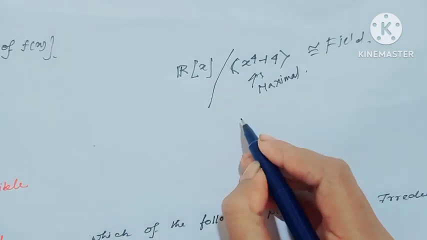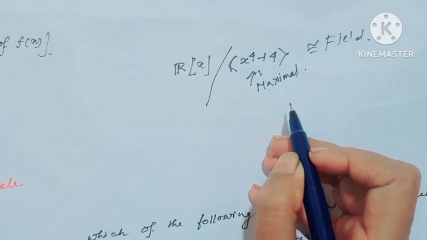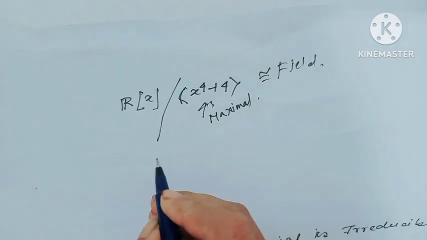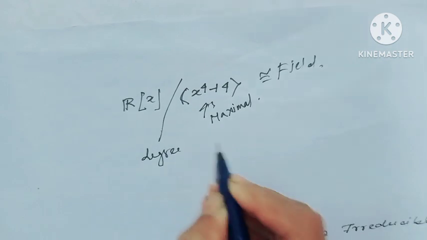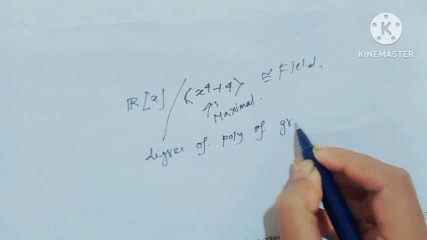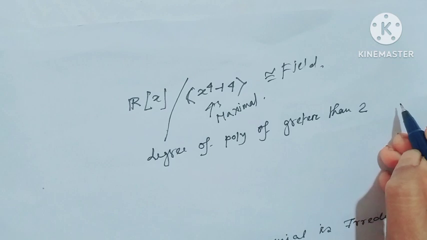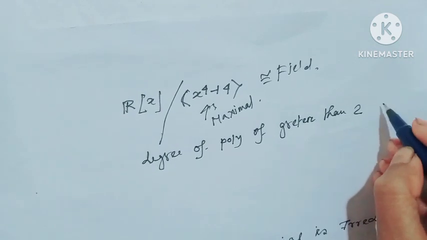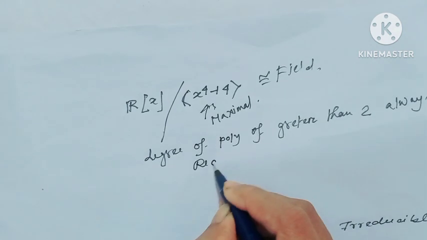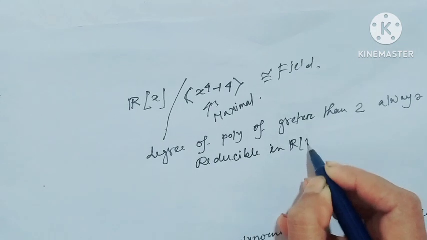We all know in R[x], a polynomial of degree greater than 2 is always reducible.